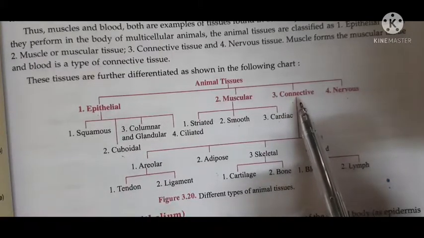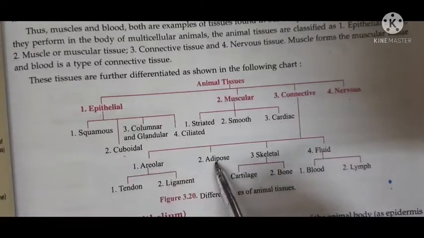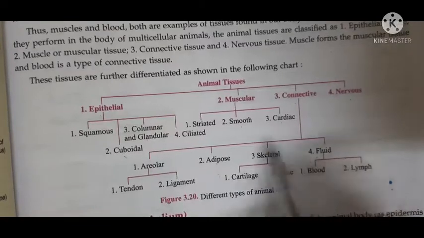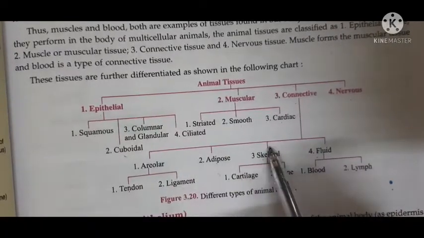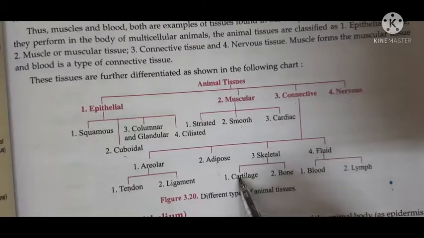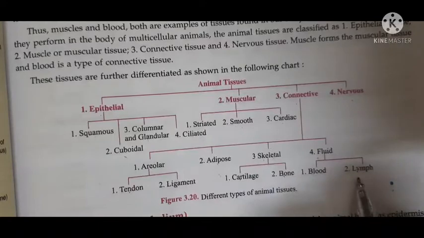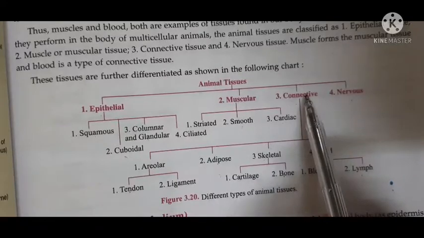Connective tissue is of the following types: areolar tissue, adipose tissue, skeletal tissue, and fluid tissue. Areolar tissue is of 2 types: tendons and ligaments. Skeletal tissue is of 2 types: cartilage and bone, and fluid tissue is blood and lymph. So blood and lymph are the fluid connective tissue.